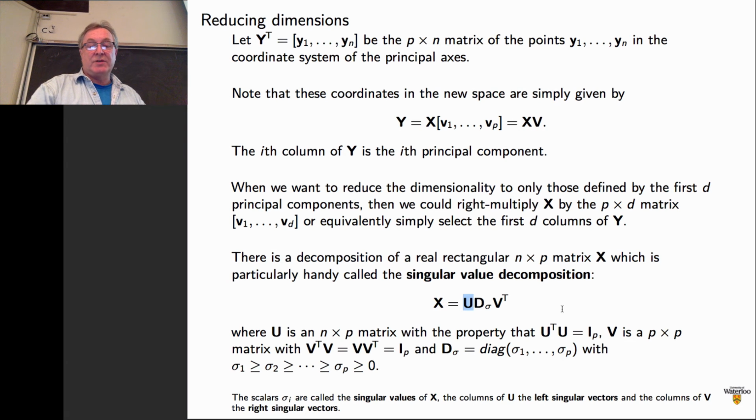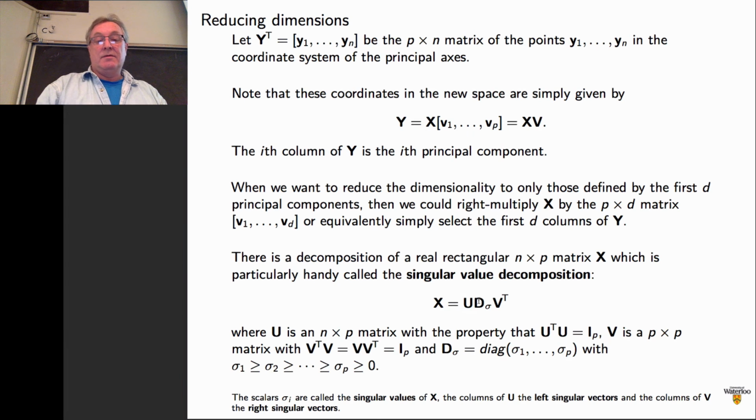The first matrix, U, is going to be an n by p matrix. Its columns are going to be orthonormal. So U transpose U is a p by p identity matrix.